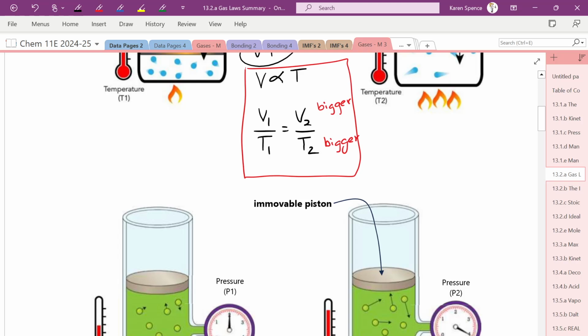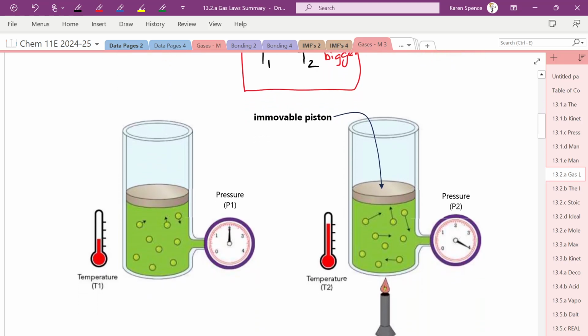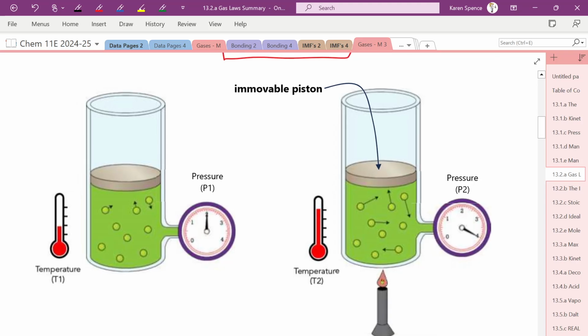Okay, so now we have an immovable piston. Pressure 1 and pressure 2 are not the same. What are we changing? Are we changing the pressure? What have we done? We change the temperature. We increase the temperature.